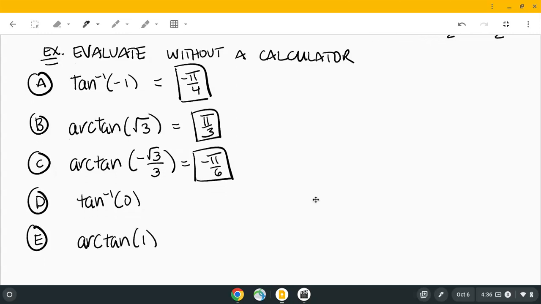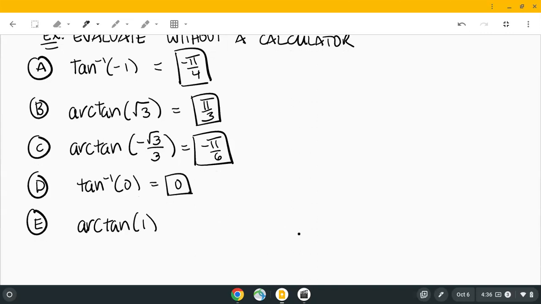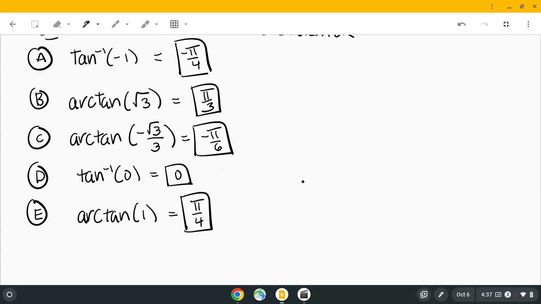Tangent is 0 when sine is 0. So that's going to be at 0. And tangent is 1 at 45 degrees, which is pi over 4. So that's how you do all of those when you're doing it without a calculator.